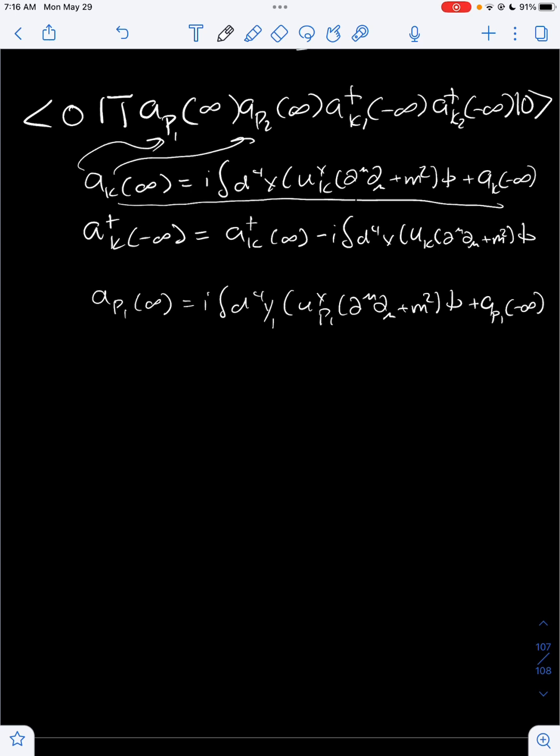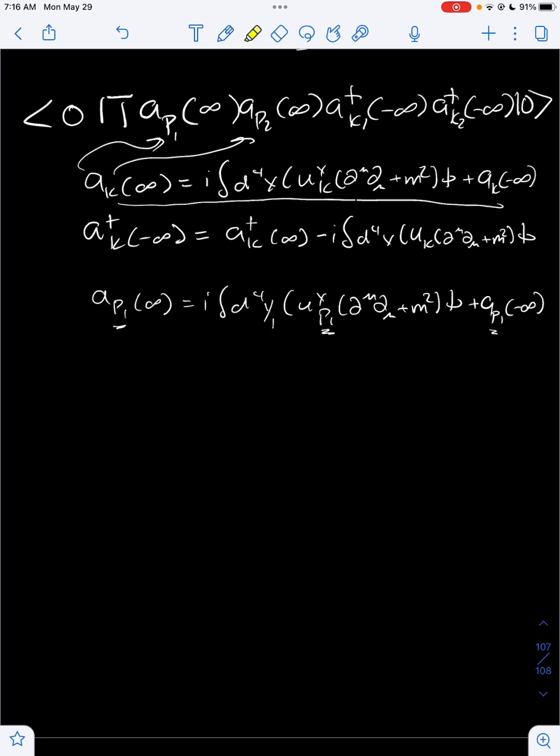So now we can use this formula for the annihilation operator and plug it into this time ordered product for p1 and p2. Note that for p1, you have to label it with p1 over here. And note that we're going to use d to the 4 y1 for our spatial integration differential form. I'm going to explain why we're going to use that letter shortly.